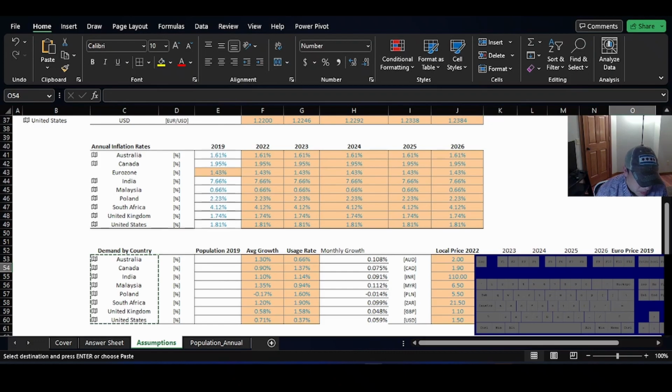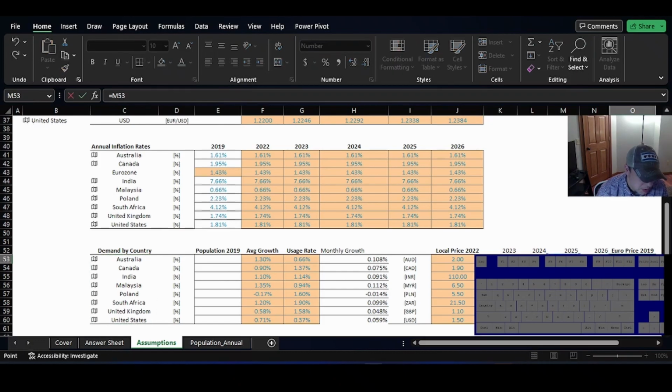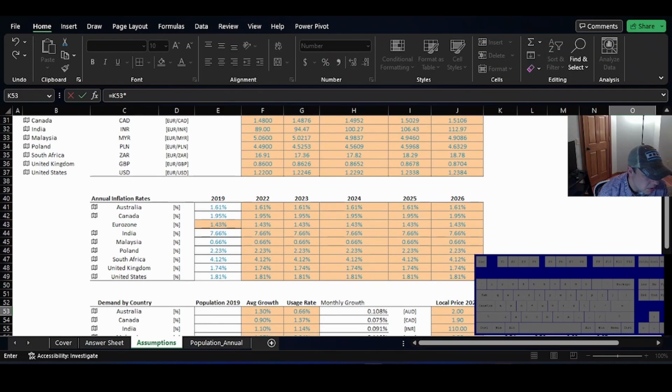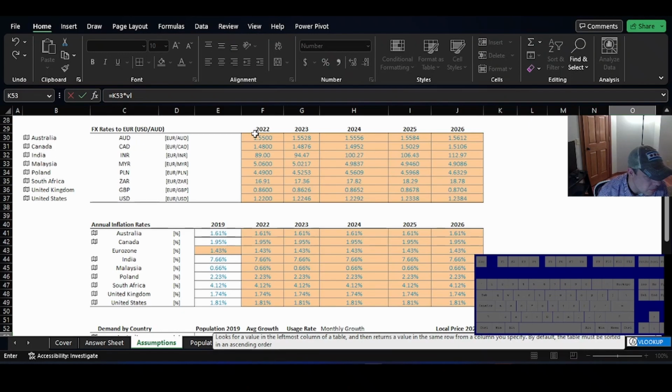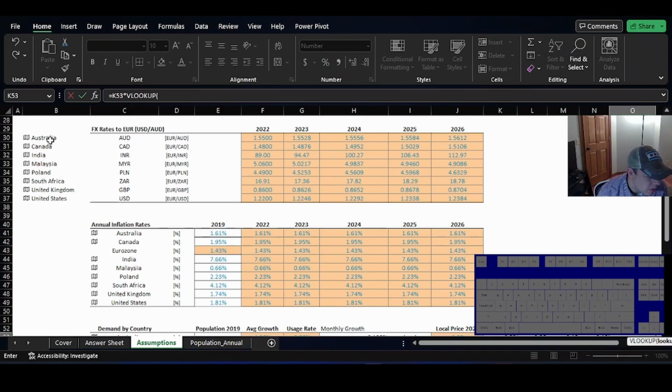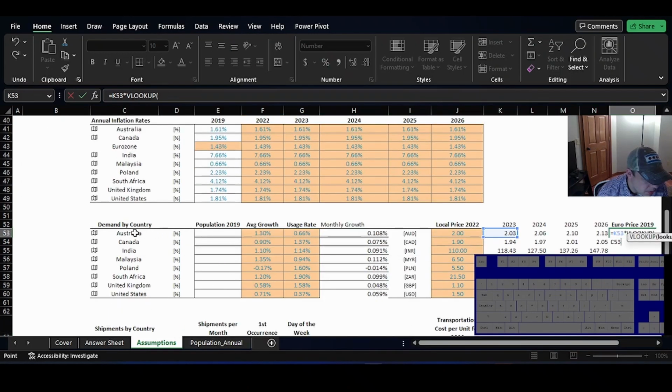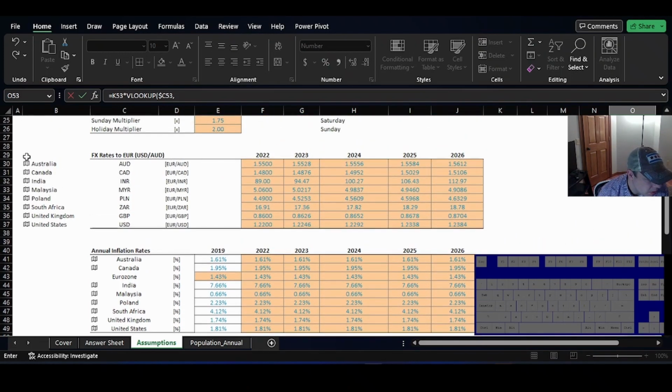All right, so equals that times, if you look up, that's going to be that. Five. Oh wait, no, it's going to change.